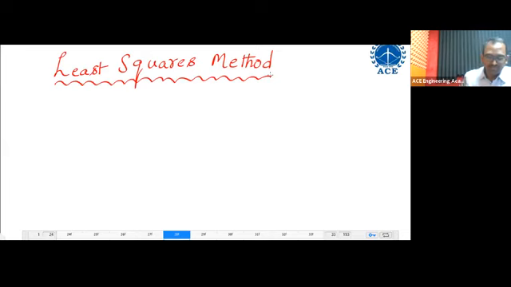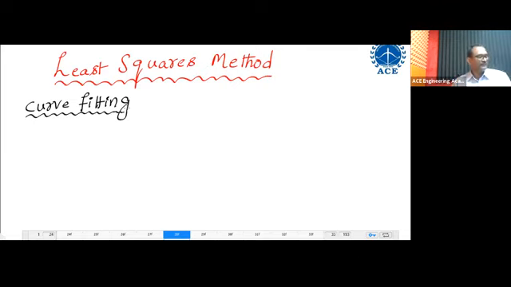So what do you mean by curve fitting? Curve fitting means the process of finding the equation of curve of best fit, which may be most suitable for the given data. Given data means x values will be given as x0, x1, x2, x3.